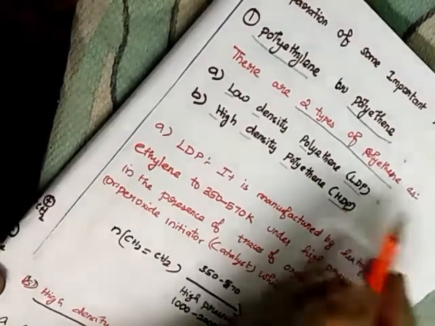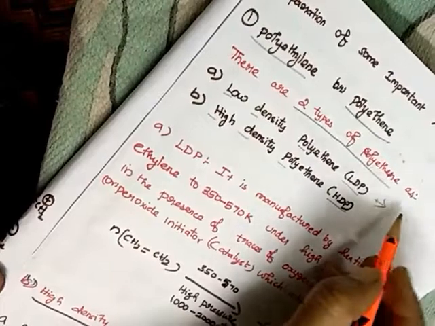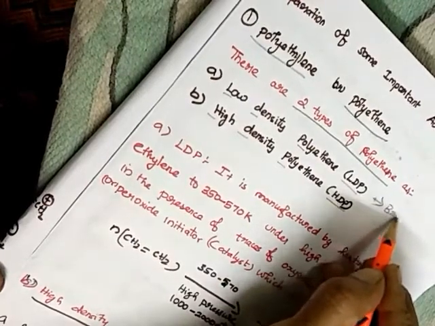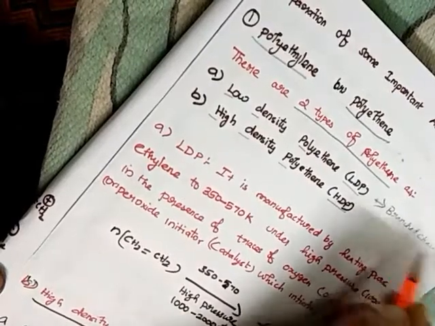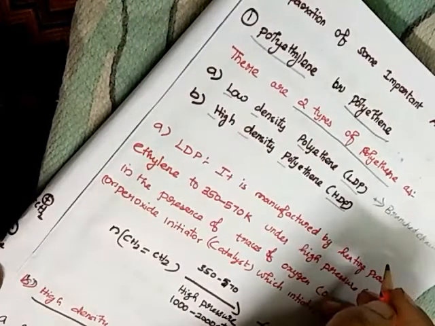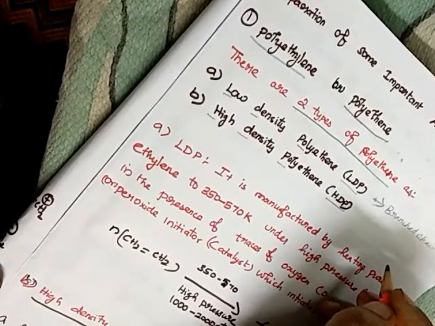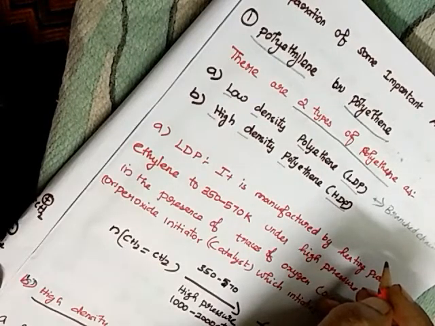Low density polythene comes under branched chain polymer, isn't it, children? Do you remember what I said when I discussed the classification of polymers based on the basic structure?